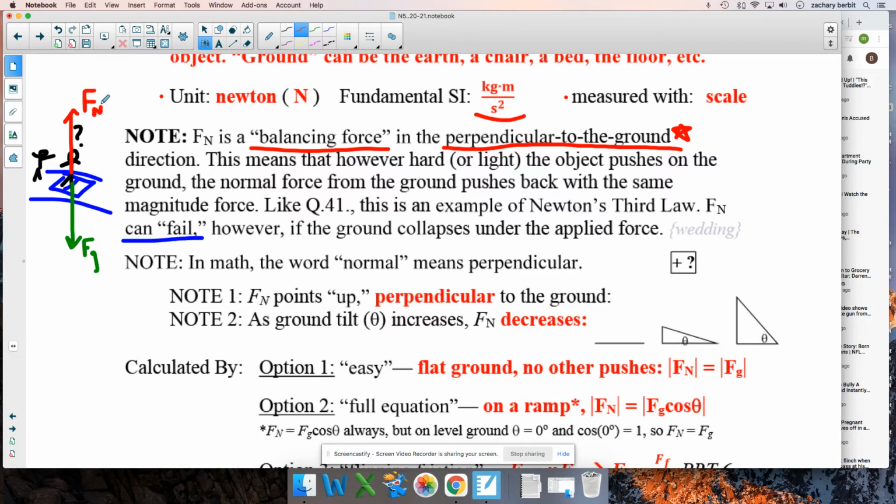If this thing were to fail all of a sudden, you would get an immediate removal of Fn, gone. And what would happen to you? Well, there would be only Fg. And at that point, you would immediately begin accelerating downward at 9.81 meters per second squared. And you may say, oh, well, I'm starting out with v_i of 0. This becomes a drop problem, right?